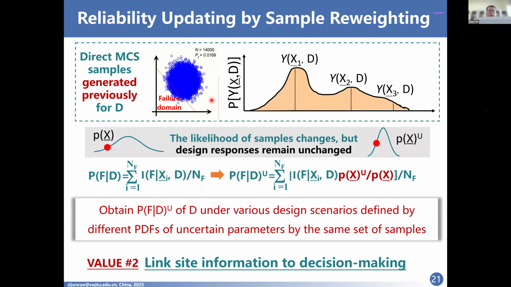For example, a set of direct Monte Carlo samples have been generated for a given design, and their corresponding design responses have been calculated. As the probability distribution of uncertain parameters is updated, the likelihood of the samples changes, but their design responses remain unchanged. Hence, the failure probability can be updated by reweighting each failure sample according to the updated distribution.